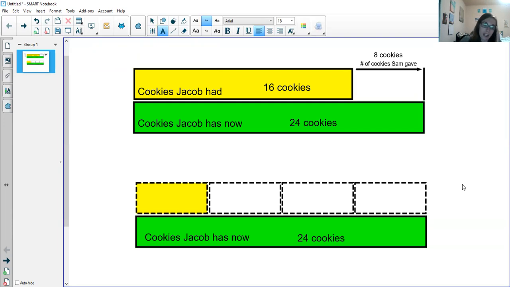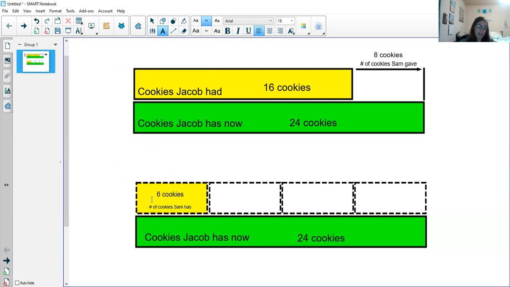So you know that Sam, don't forget to label, has 6 cookies after giving Jacob 8.